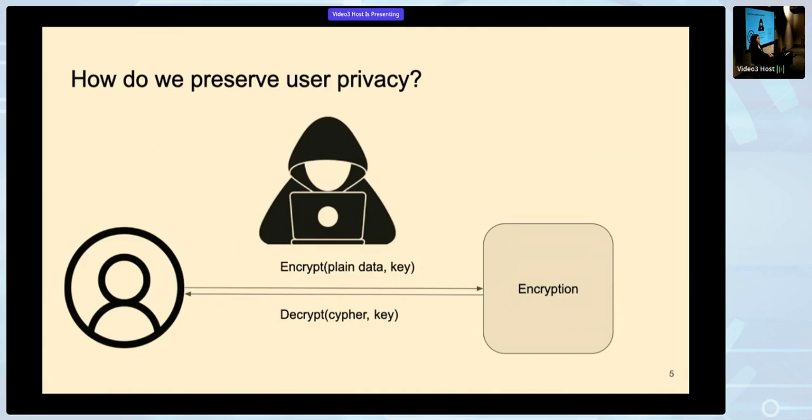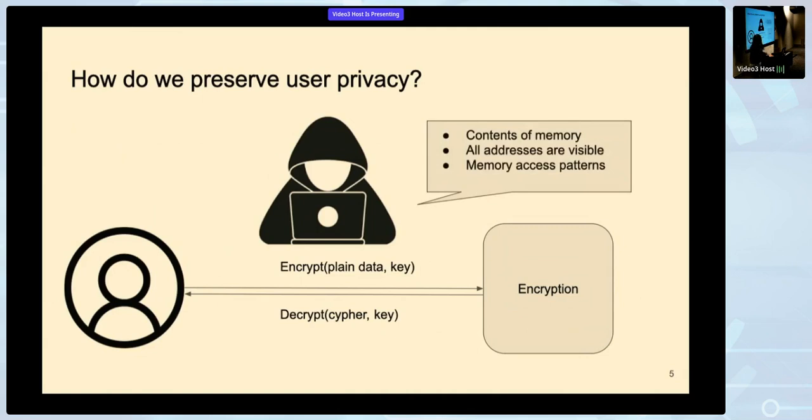But wait a second, is that all it takes to preserve user privacy? Let's take a closer look at our powerful attacker. What is it capable of? It can first view all contents of memory. In the remote system, maybe some regions of memory are encrypted, while others remain public.